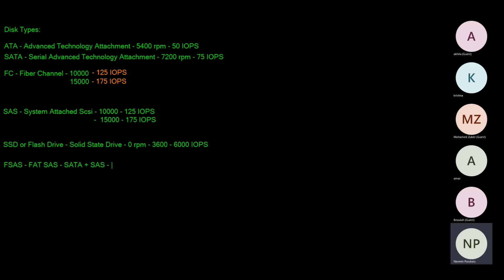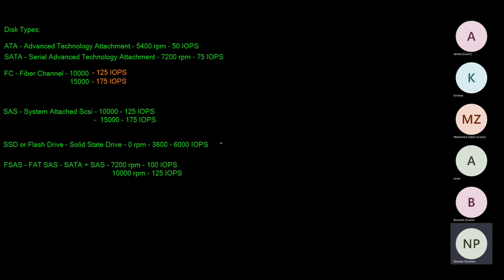Again, it will be available to us in two RPMs. One is 7,200 RPM, which will support approximately 100 IOPS. All these are approximate values, not exact values. And another one is 10,000 RPM, which will support about 125 IOPS. That's it. These are the disk types supported in NetApp.